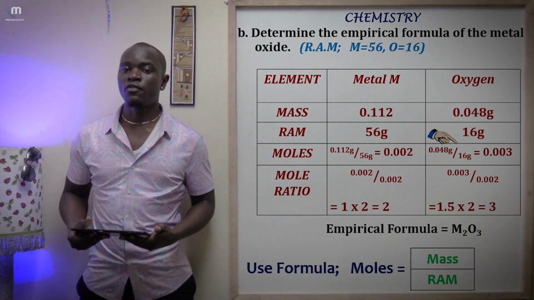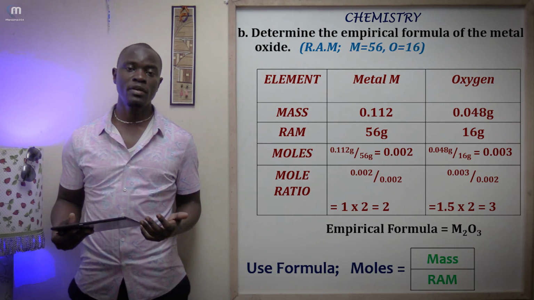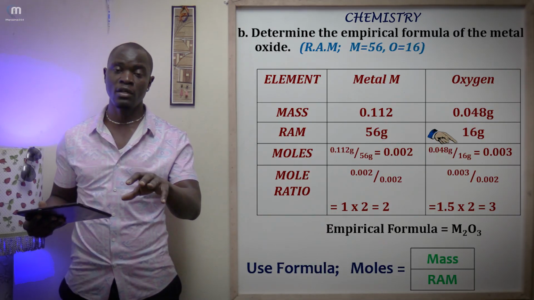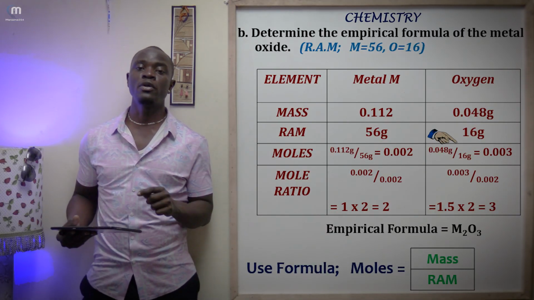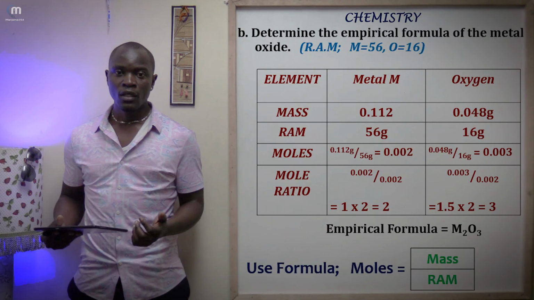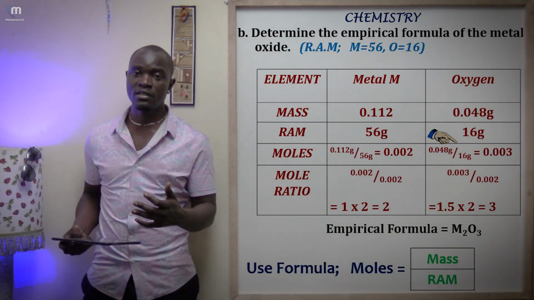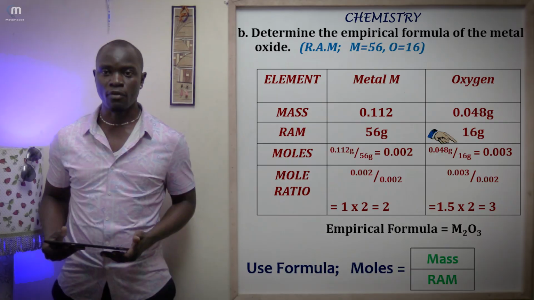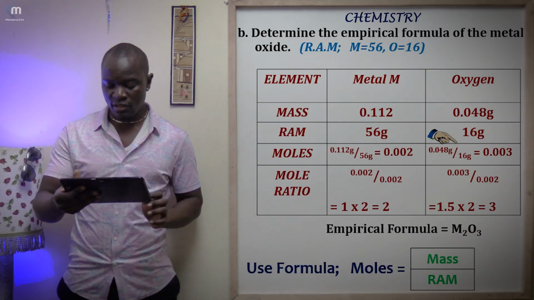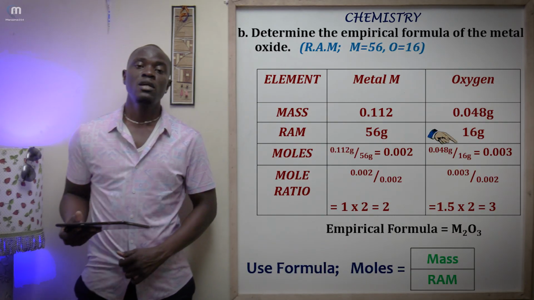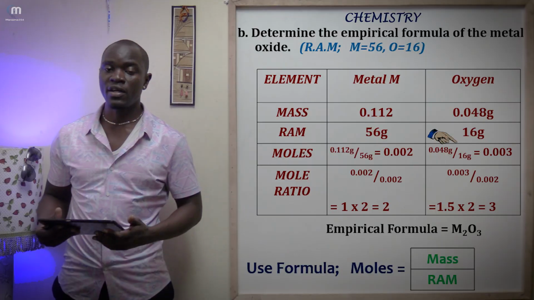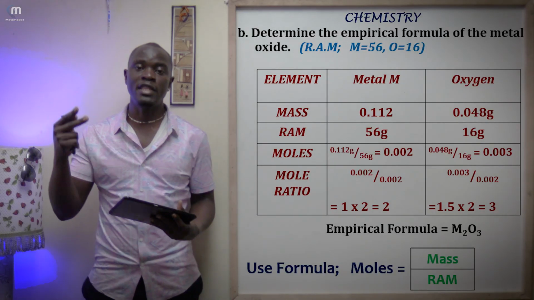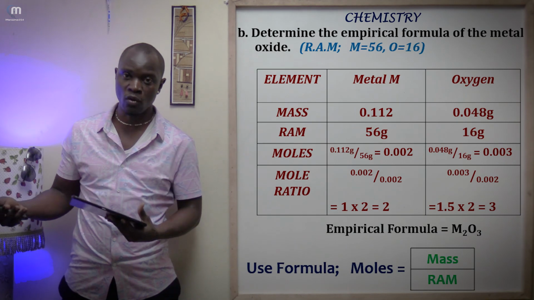The mass of oxygen was 0.048 grams. We now divide this mass by the relative atomic mass that we are provided. So we are going to say 0.048 grams divided by 16 grams. That is the mass divided by the relative atomic mass to give us the moles.